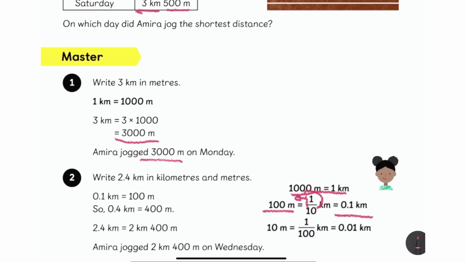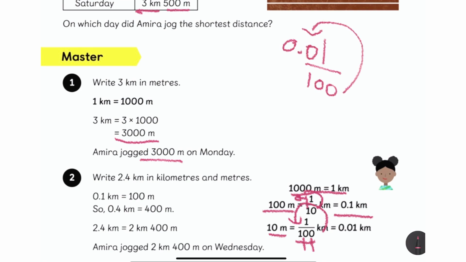Also, we can say 10 meters equals 1 over 100 kilometers. Now, how many zeros do I have? 1 and 2. So when I take it above, 1 over 100 becomes 0.01. That is how my decimal carries, and therefore it is 0.01 kilometers.